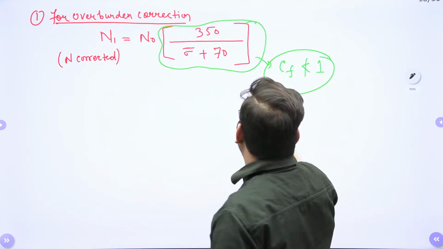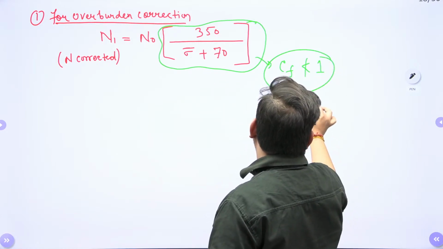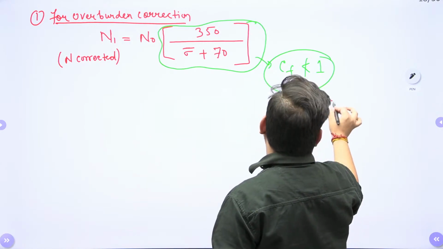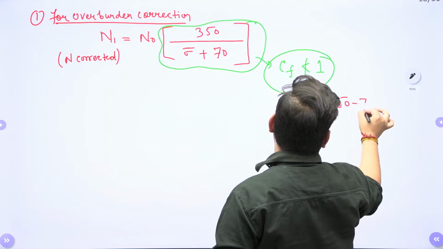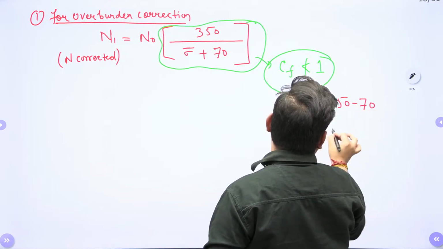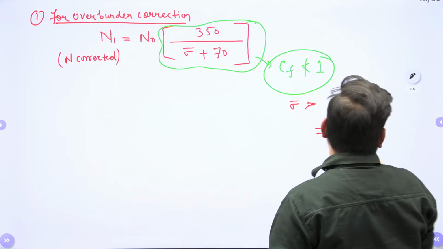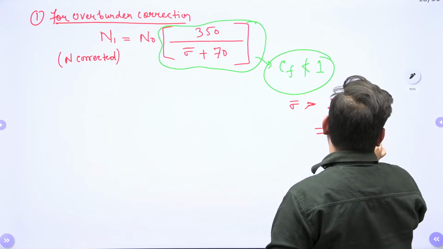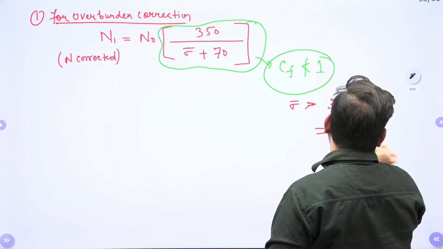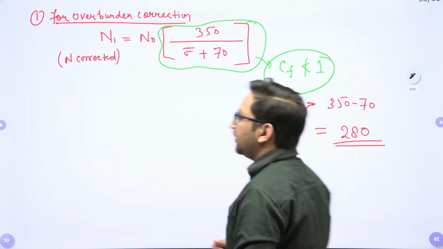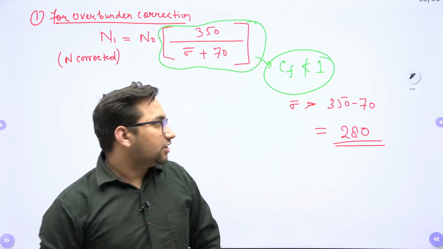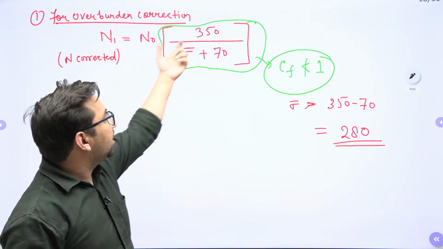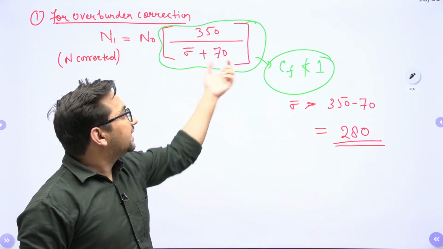It means this stress value should not be greater than 350 minus 70, that is 280 value. Clear? I hope this concept is clear. So N corrected for overburden correction will be N naught into 350 upon sigma bar plus 70.